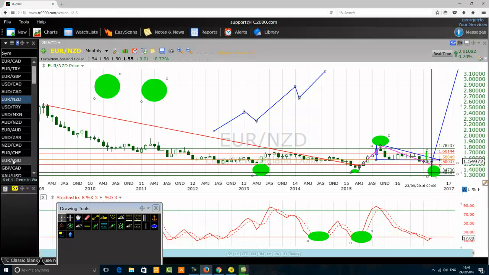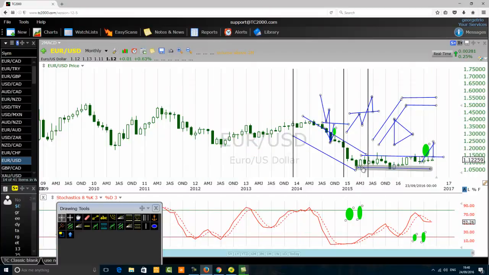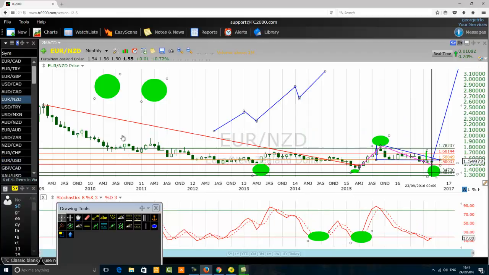Looking at the euro dollar, it looks to me that the market is not ready to buy the euro for the long term. This is about currency correlation: comparing the market pattern of one currency pair to another that is positively correlated to it.